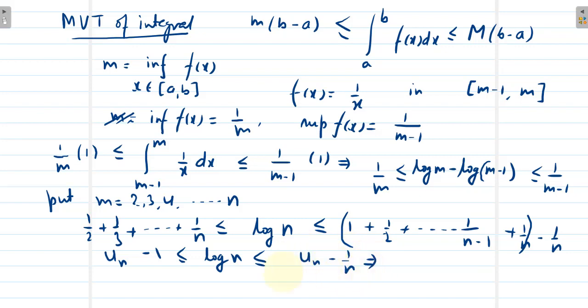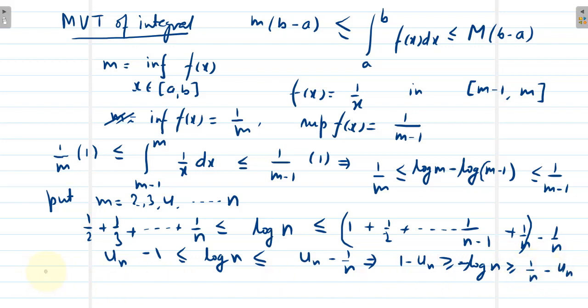Now from this, if we take the minus sign, minus of log n, then we will get 1 minus u_n, and it will be greater than or equal to minus log n, because we have multiplied by a minus sign, and greater than or equal to 1/n minus u_n.